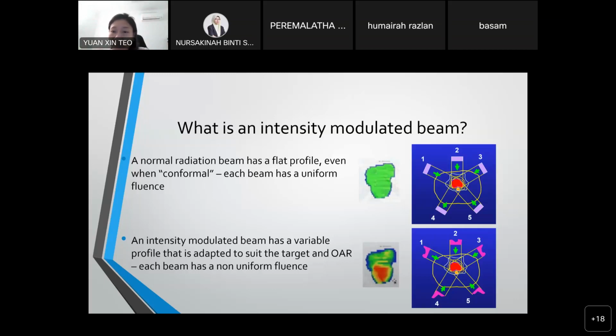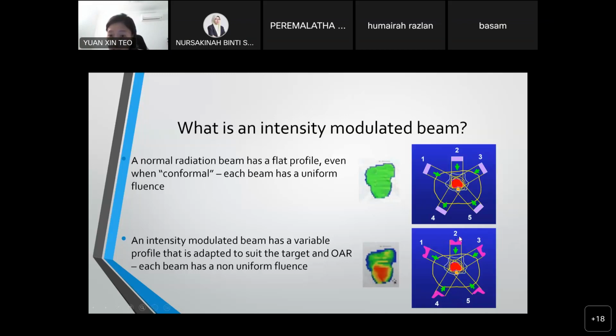If you do that, these two angles, 0 and 180, are sharing the same non-uniform fluence, which wouldn't benefit your plan. You wouldn't get a good plan because they actually contribute 50-50% the same to that plan. So for IMRT, we will choose different angles that are not opposed.